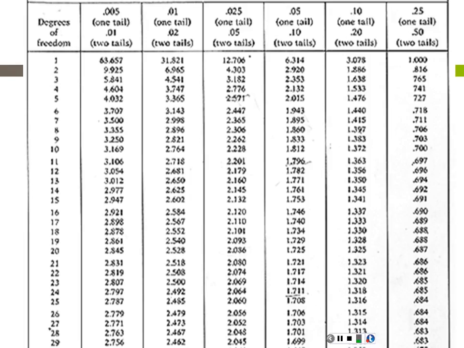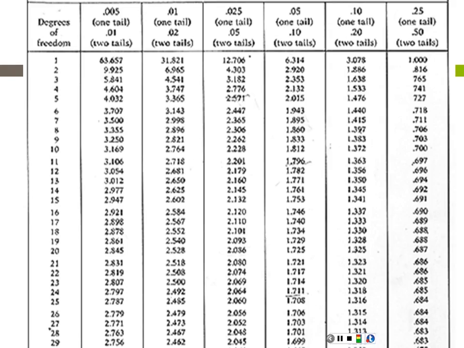So we want an alpha level of 0.05. To get that T95 value, I need to find the value associated with a two-tailed alpha level of 0.05 test with my degrees of freedom.